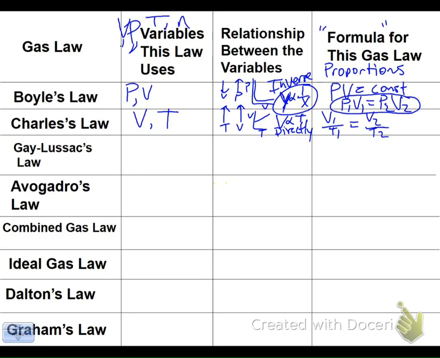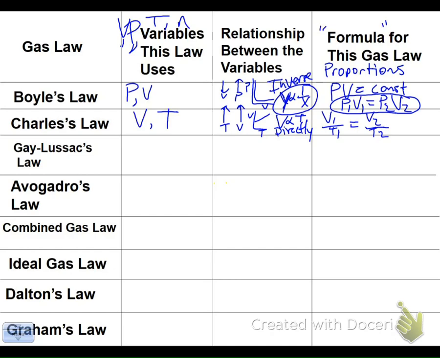It does not matter if you put the V's or the T's on top, as long as they're consistent. In other words, if T1's on top, T2 needs to be on top. And as an algebra hint here, if you solve for a variable, it's more difficult if the variable you're solving for is on the bottom, so it's okay to flip the entire equation upside down and put the variable on top. That works perfectly fine.